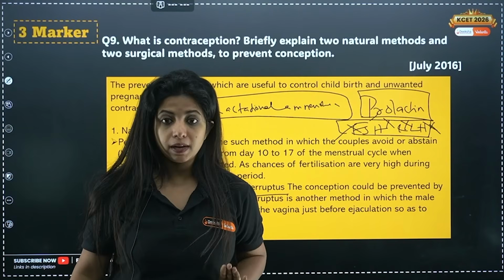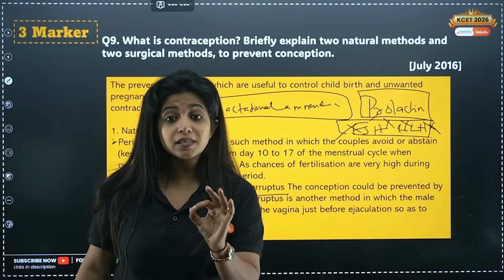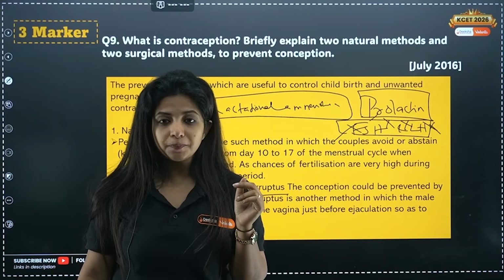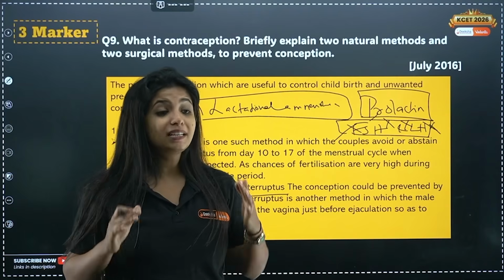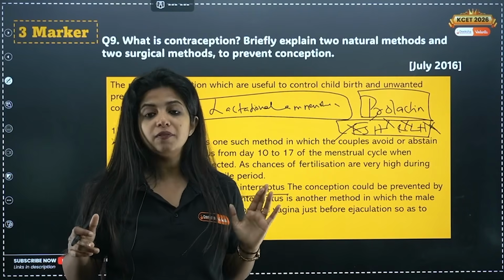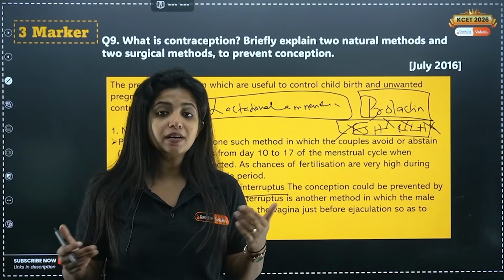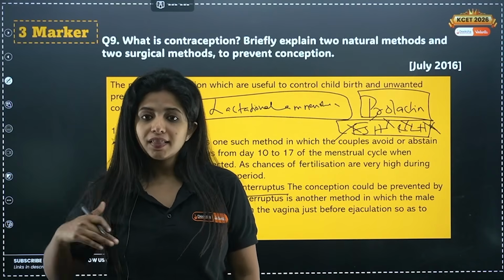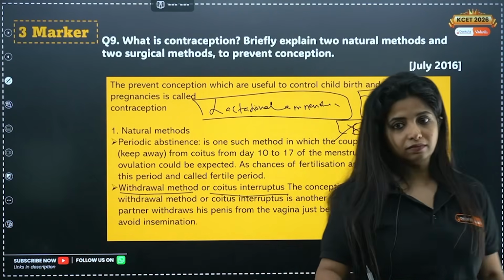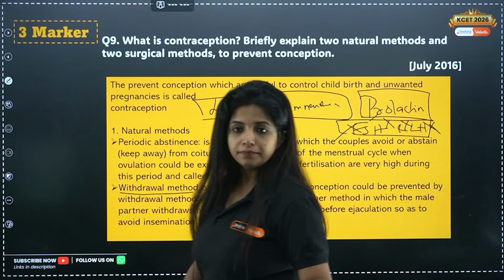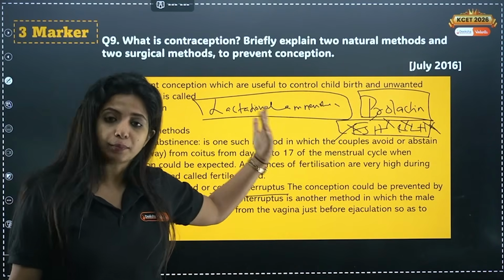So up to 6 months, it is considered to be safe. But someone can have sexual intercourse up to 6 months, and it is still risky. All the natural ways are considered to be risky. Why? Because there is a high failure rate, which is why the gap between 2 siblings can be planned, or can be unplanned as well. Okay, that is lactational amenorrhea.